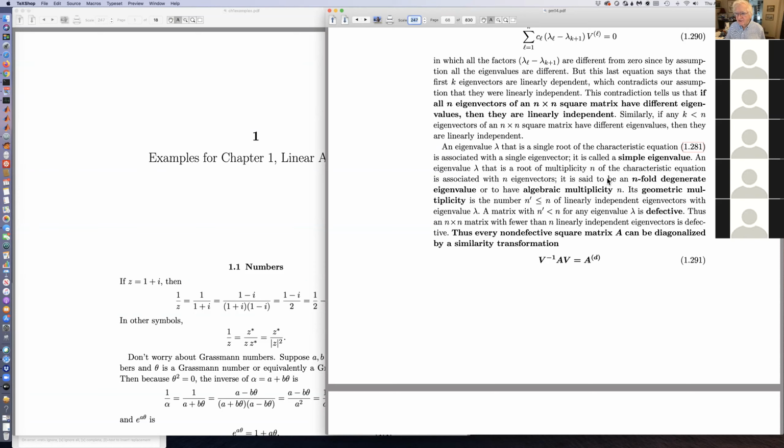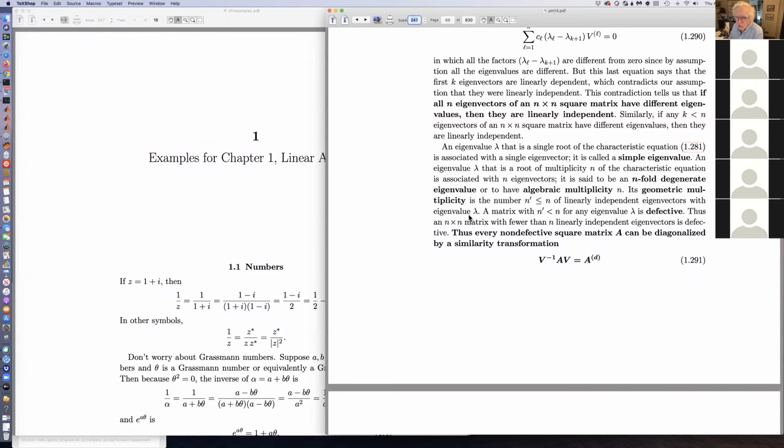And one that occurs n times is said to be an n-fold degenerate eigenvalue, with algebraic multiplicity n. The geometric multiplicity is the number of linearly independent eigenvectors with eigenvalue lambda.